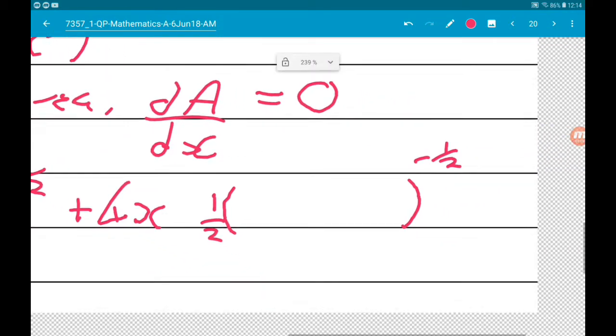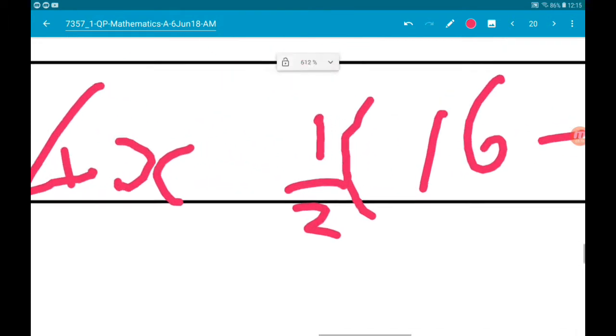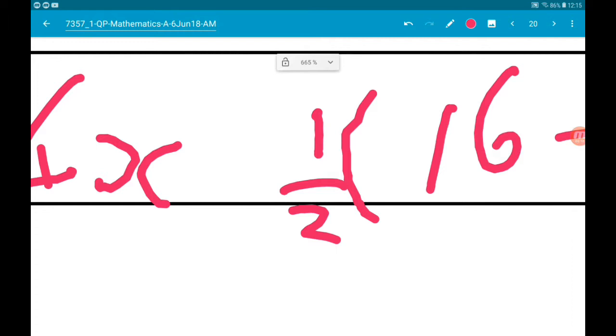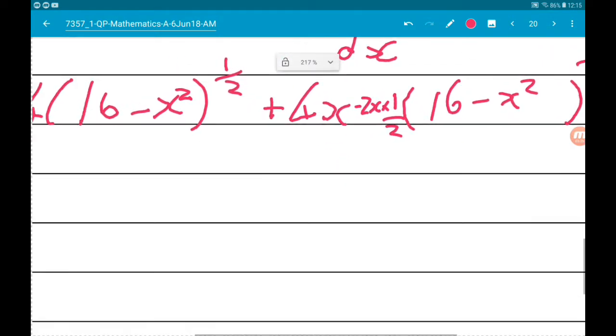Now the inside is still going to be 16 minus x squared, but we also put the derivative of that on the outside. So we're going to get times minus 2x times 1/2, lots of the bracket.